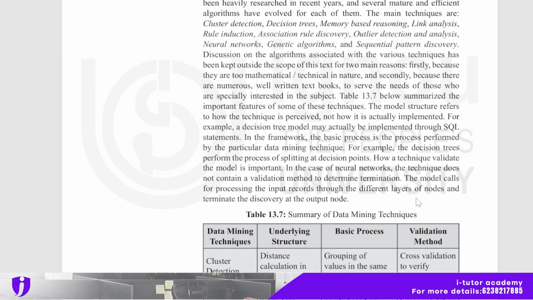Discussion of the algorithms associated with the various techniques has been kept outside the scope of this text for two main reasons. Firstly, they are too mathematical and technical in nature, and secondly, there are numerous well-written textbooks to serve the need of those who are specially interested in the subject.